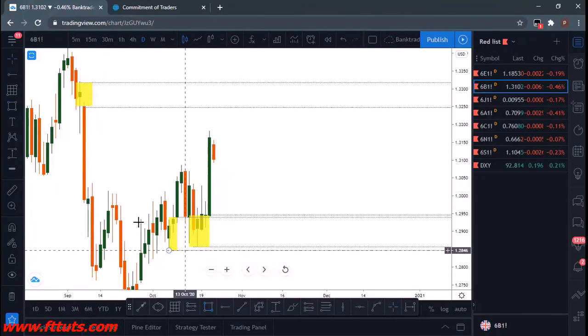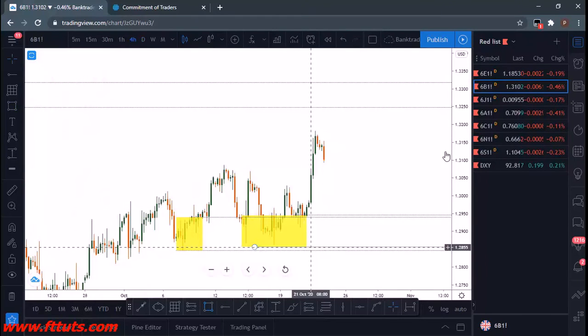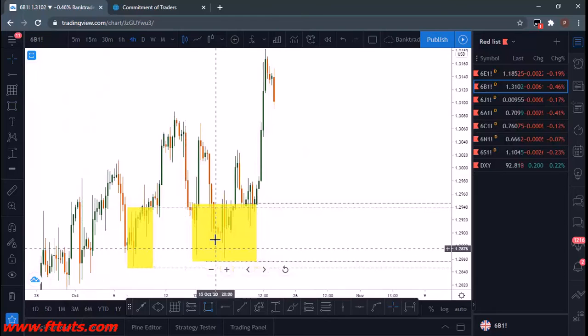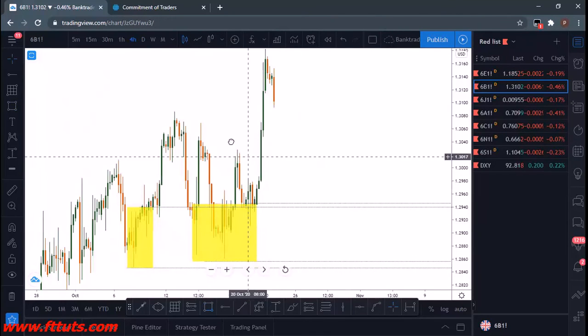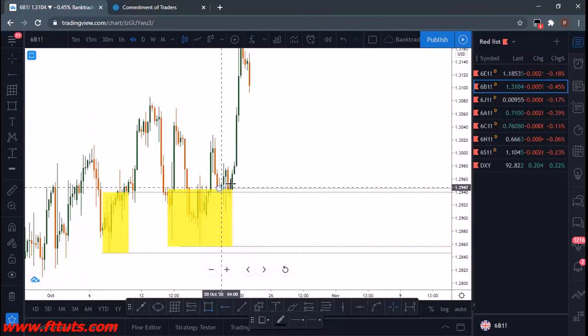But you want to be a seller, that you want to be a buyer down here. We're already a buyer, so we can go to the 4 hour, and on the 4 hour, we're going to look for where we have our demands. Our 4 hour demand is just down here. We're going to end up having so many lines.